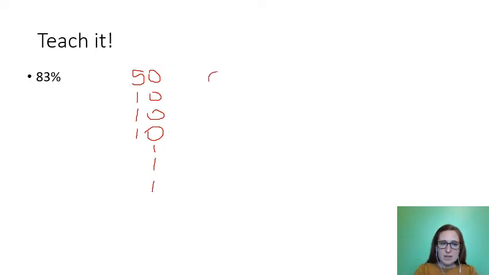You could think about it as 80%, so divide by 10, multiply by 8, and 3%, divide by 100, multiply by 3, and then put them together. Or you could think about it as 83 over 100, where you divide by 100, multiply by 83. Divide by the denominator, multiply by the numerator.